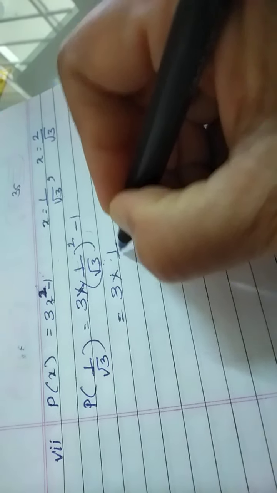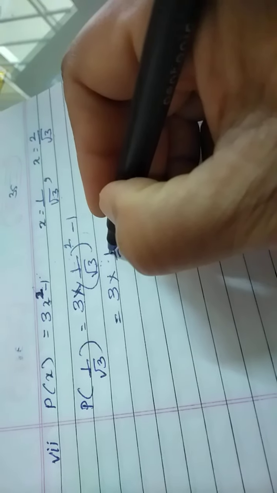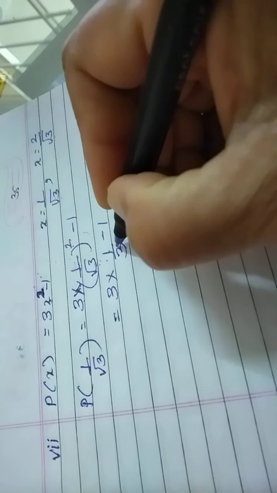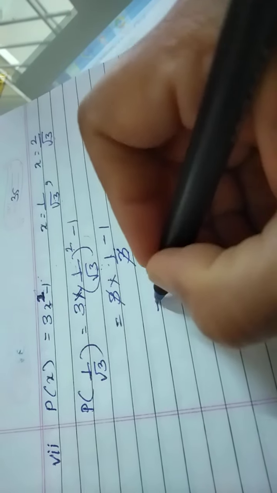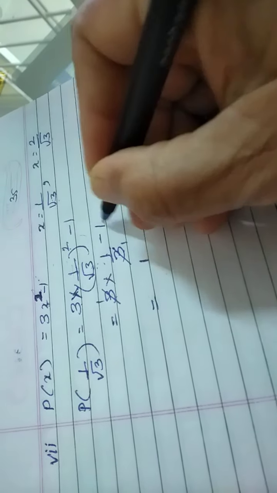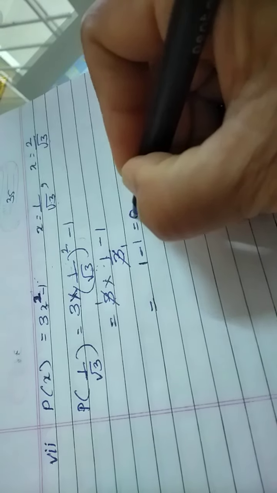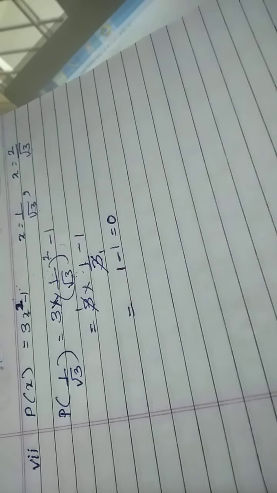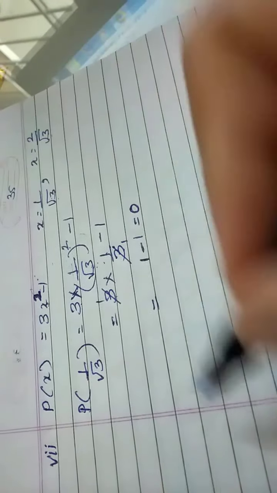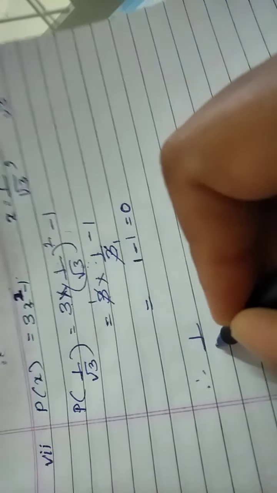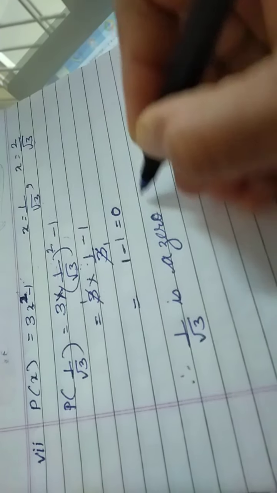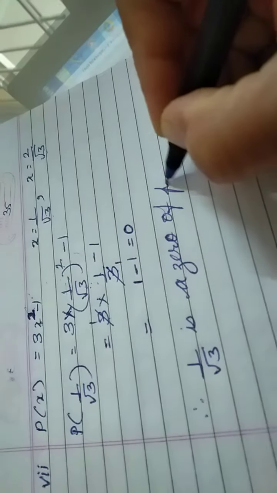So 1 upon 3 will come here. 1 into 1 is 1 and root 3 into root 3 is 3, minus 1. Now here 3 and 3 are cancelled. So 3 ones are 3 and 3 ones are 3. So 1 into 1 is 1. This minus 1 is equal to 0. Getting 0 shows that 1 upon root 3 is a 0 of this polynomial. Therefore 1 upon root 3 is a 0 of the polynomial.